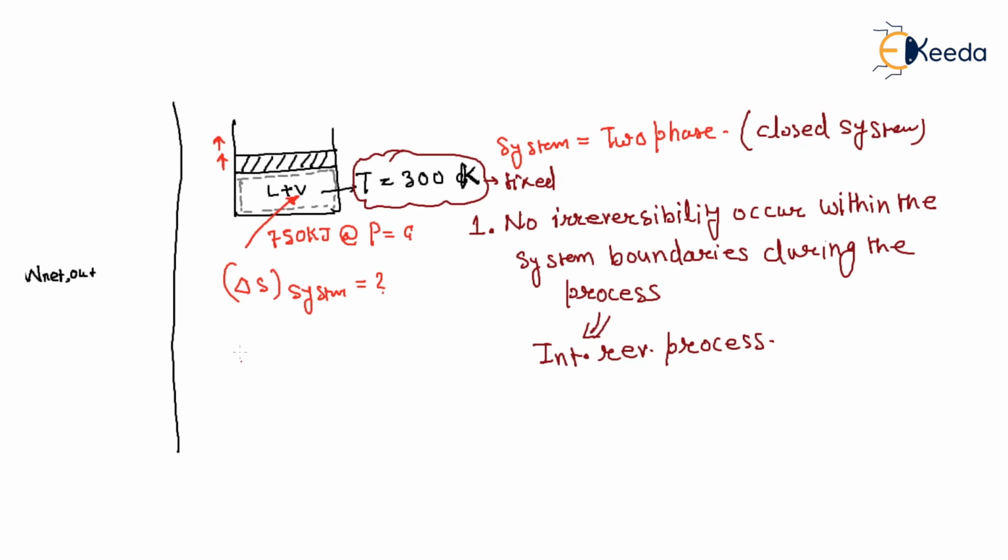Because if this is a two phase region, in between 1 and 2 there is liquid plus vapor. So in this case there is a fixed temperature and fixed pressure. From 1 to 2, pressure as well as temperature are fixed, because it is in the wet region, liquid plus vapor region, right?